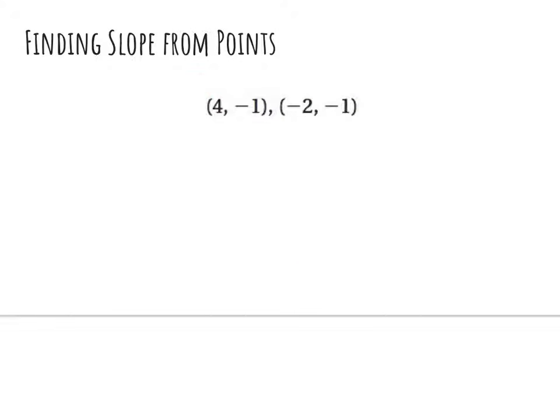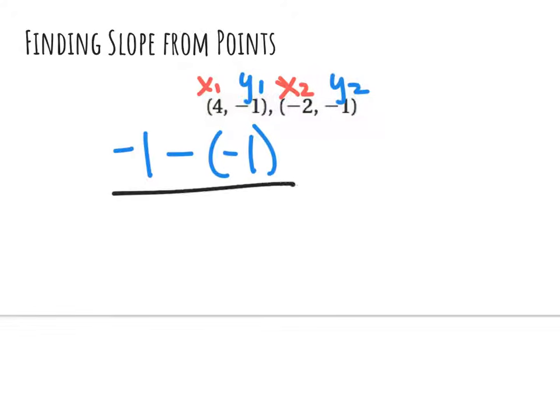Going to find slope from these 2 points, x1, y1, x2, y2. I'm going to find my slope. Negative 1 minus a negative 1 over negative 2 minus 4.